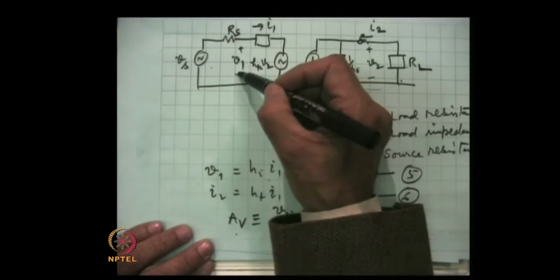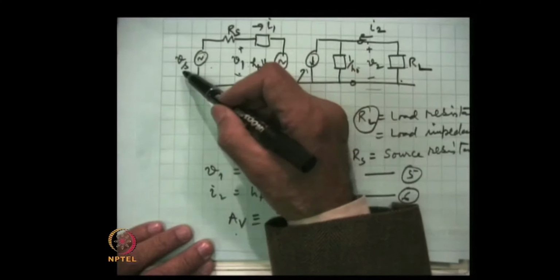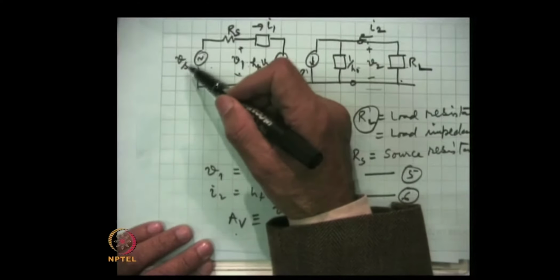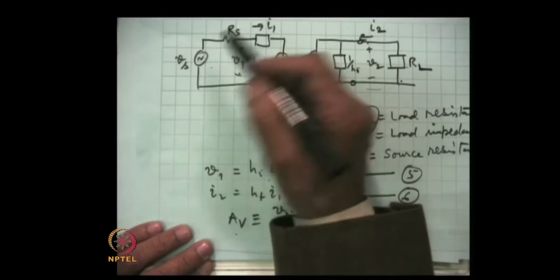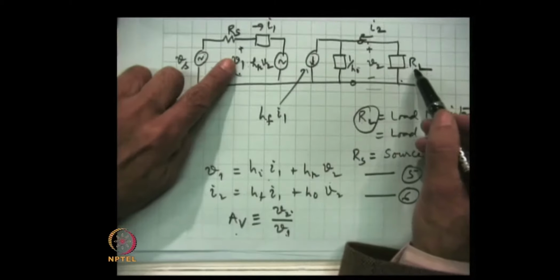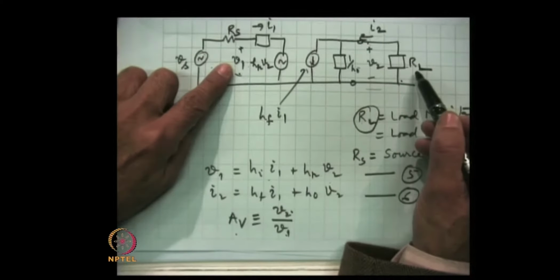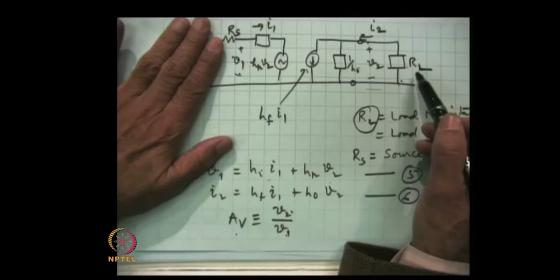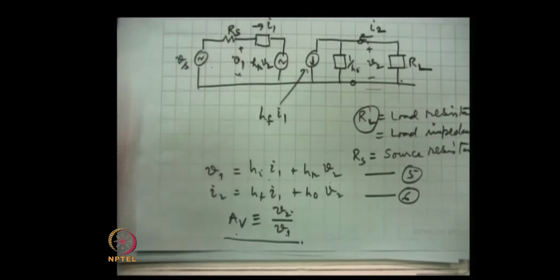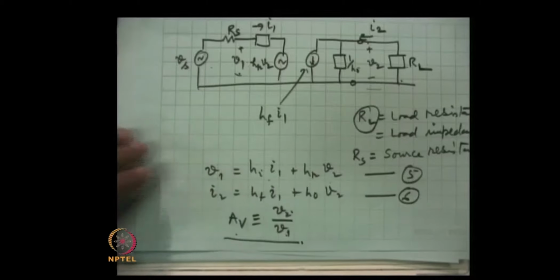This is V 1, which is different from V s. V s is our real source, but we have taken out this ratio. So we have actually ignored this part in deriving this expression. So we can do that. This is voltage gain taking source resistance R s into account.